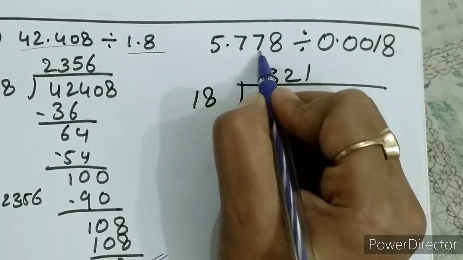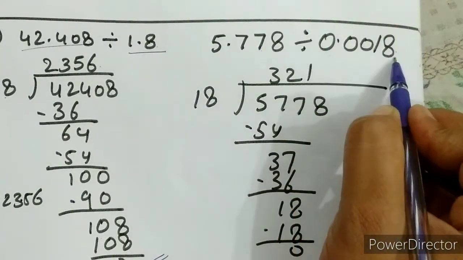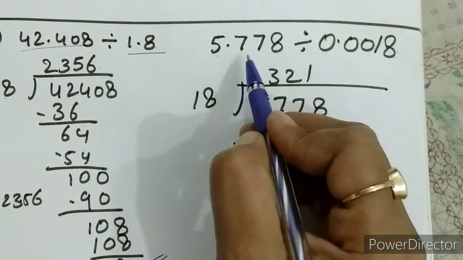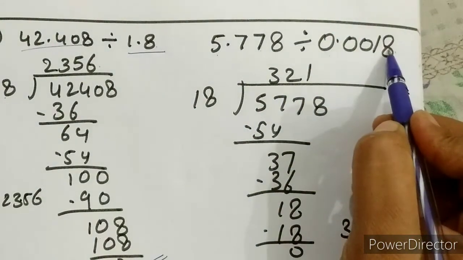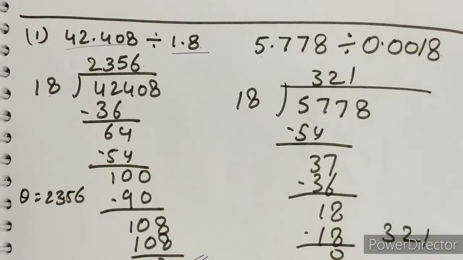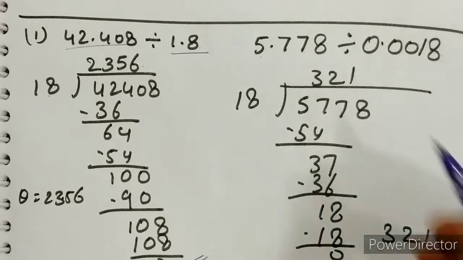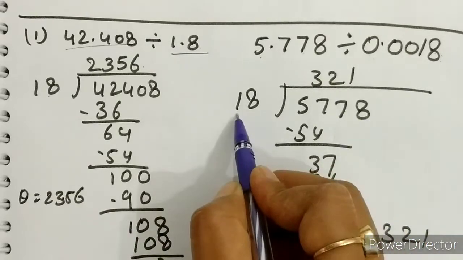In this case, after point in dividend there are only 3 numbers, and in divisor there are 4 numbers. Okay, see, 1, 2, 3, only 3 numbers. Here 1, 2, 3, 4 numbers. So as I told you before also, forget about the decimal point and divide the number as we divide whole numbers. So I will divide 5778 by 18.